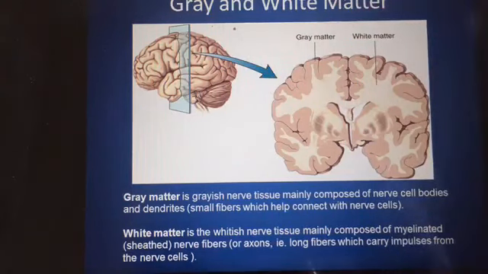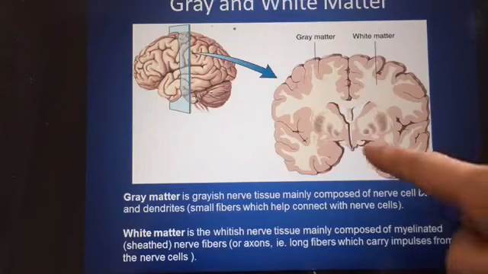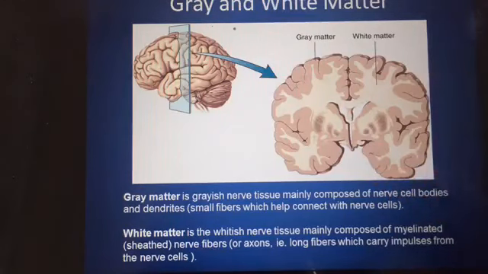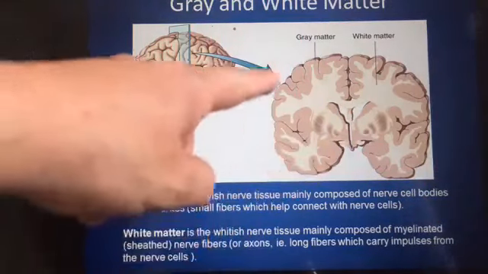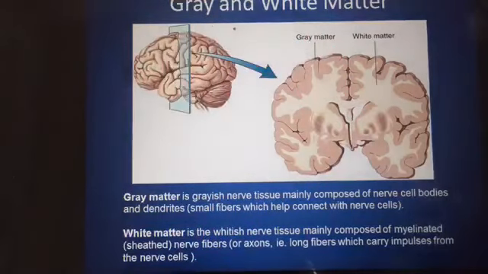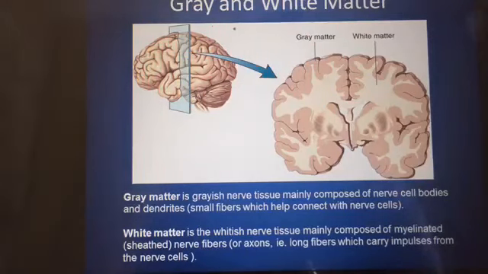So the gray matter essentially is the grayish nerve tissue you see on top. It looks dark. It's surrounding this. This is the gray matter on this side and on this side. And what you have inside here is the white matter, so named because it is pale and looks whitish in color.